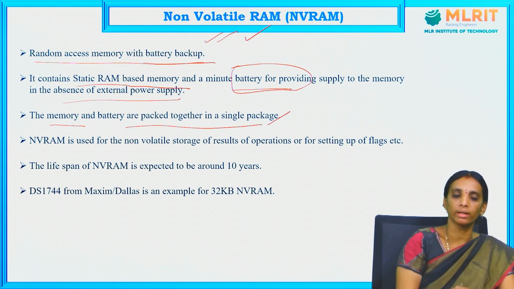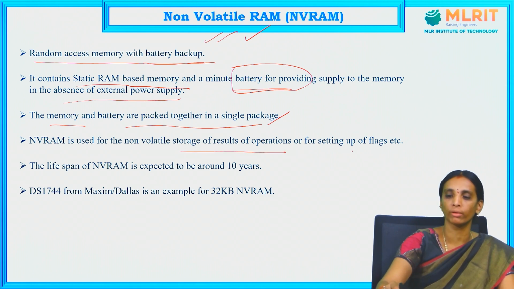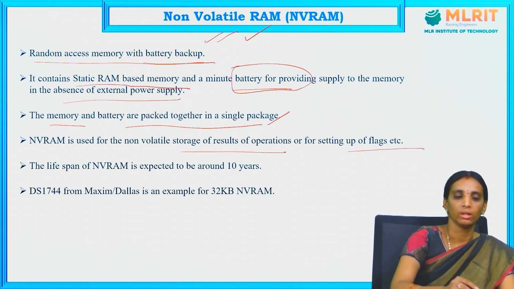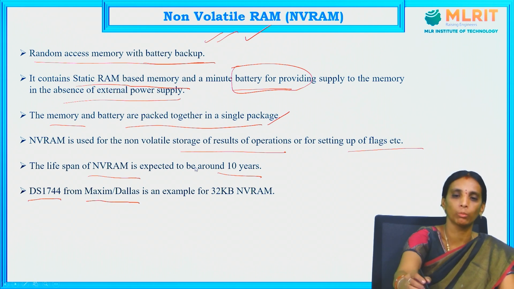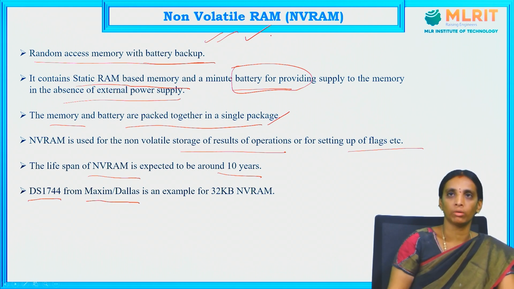The non-volatile RAM is used for storing the results of operations or for setting up flags. The lifespan of non-volatile RAMs is around 10 years. The DS1744 from Maxim or Dallas is an example of non-volatile RAM. These are the various types of RAMs available for our embedded system design.